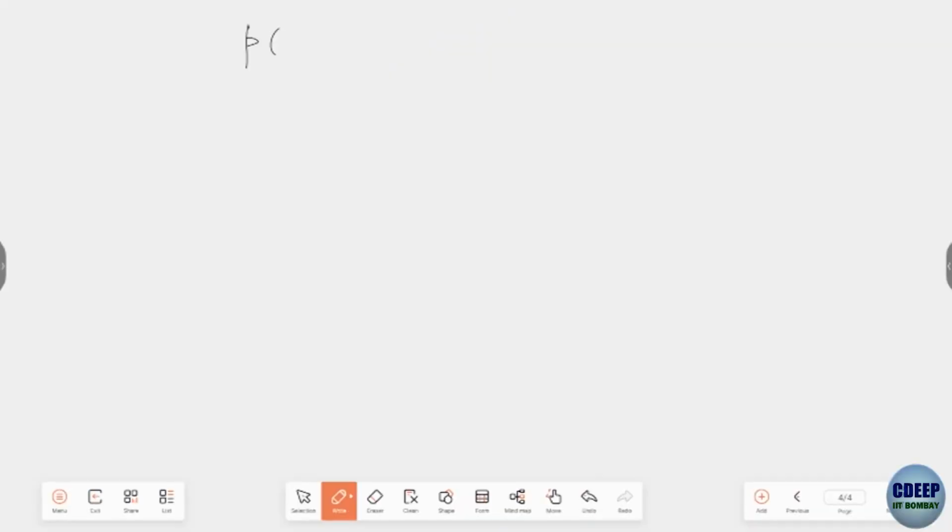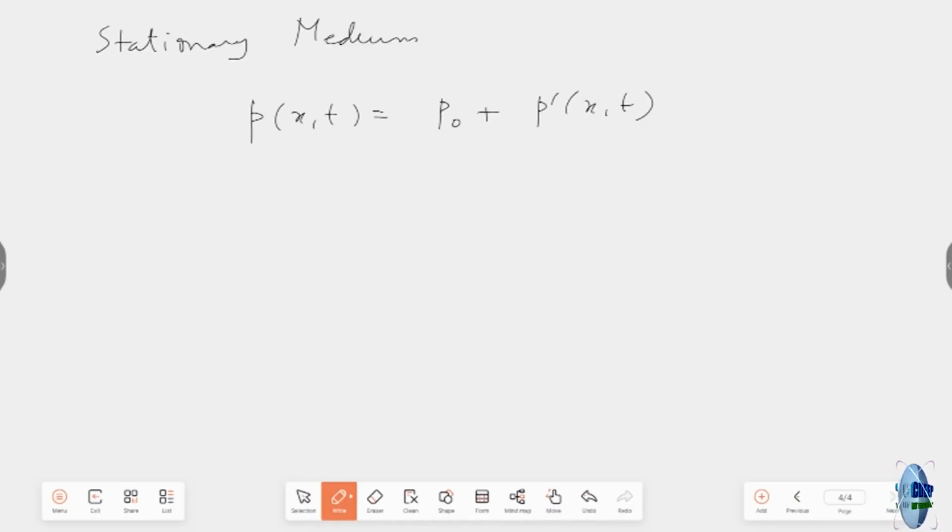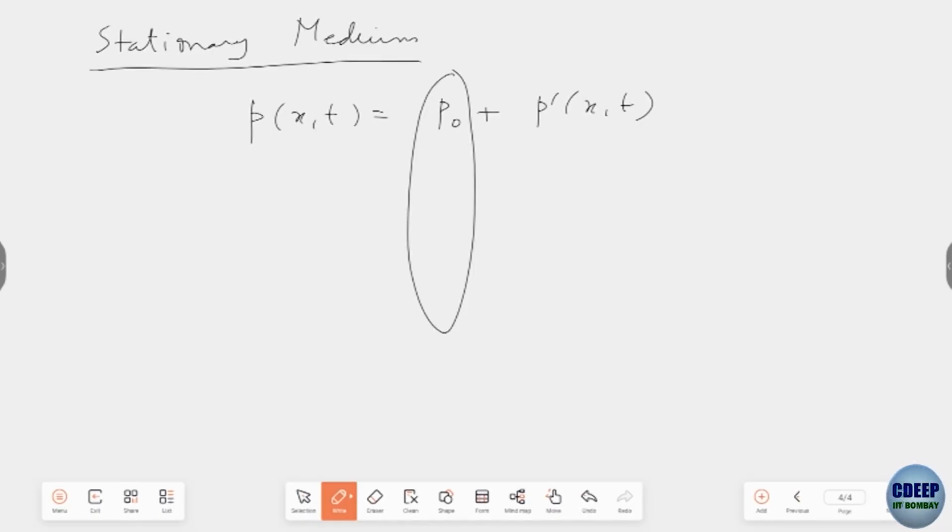So we say that p(x,t) is equal to some p0 plus p prime (x,t). What we are doing now is deriving the equations for a stationary medium, and so these are the medium properties.